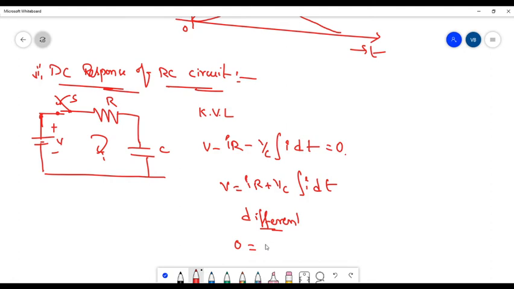Here R into di by dt, that is, differentiate the current with respect to time t, plus 1 by C integration of I dt; differentiation and integration cancel out, so we get 1 by C. So we get 1 by C plus R into di by dt.